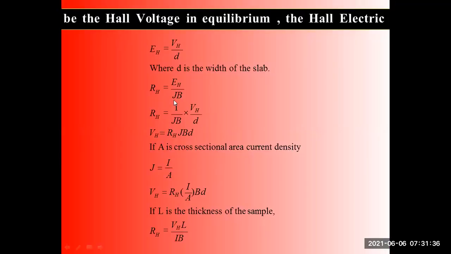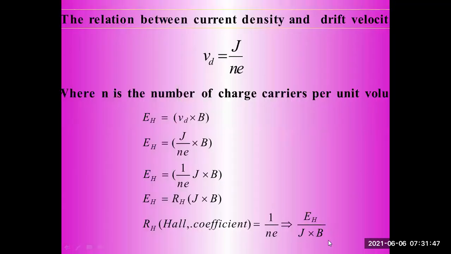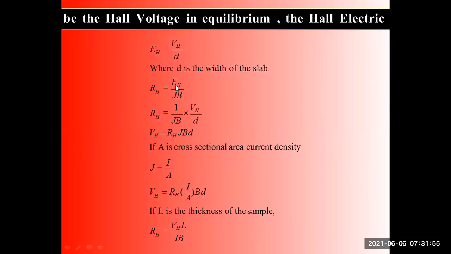Now E_H is nothing but V_H by D, where D is the width of the slab. E_H is the electric field due to the Hall effect, J is the current density, and B is the magnetic field, you already know this. So R_H is equal to E_H by J into B.